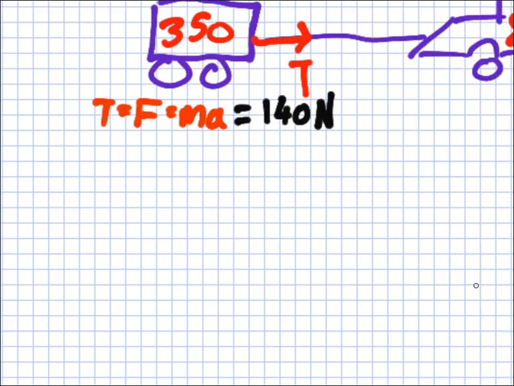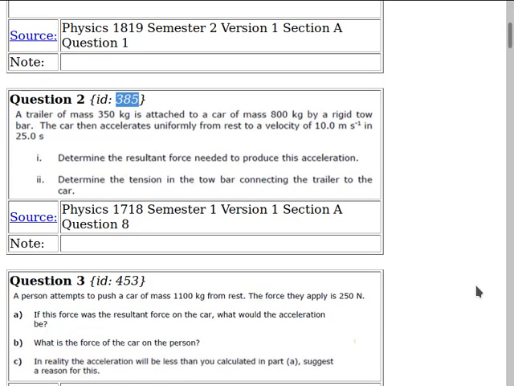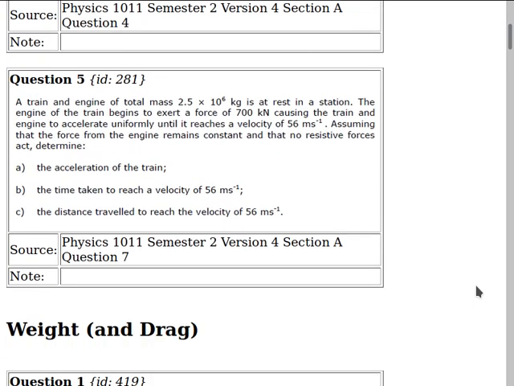You said number 5 was a problem, didn't you? A train and engine have a total mass of 2.5 times 10 to the 6 kilograms. It's at rest.